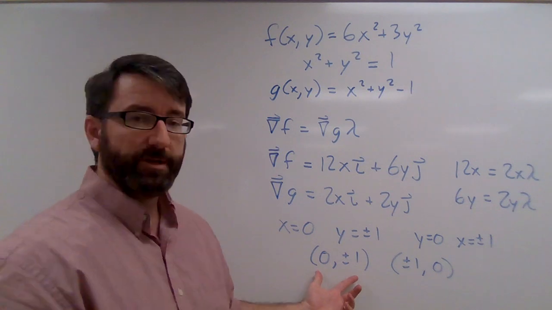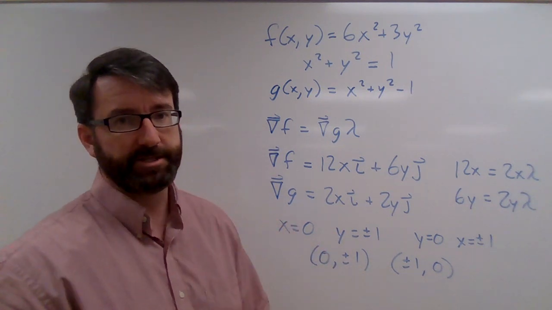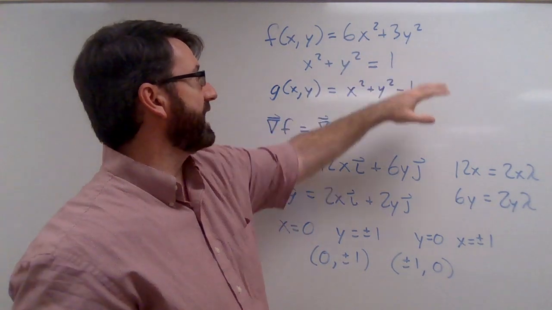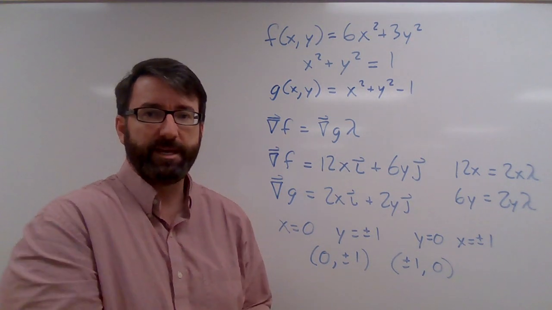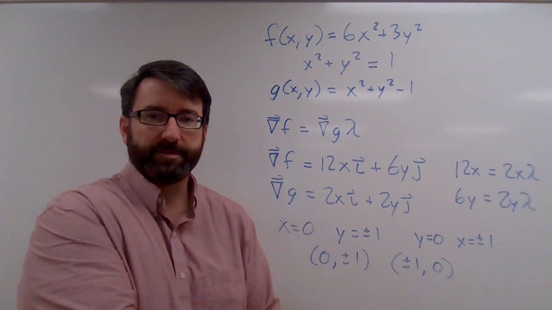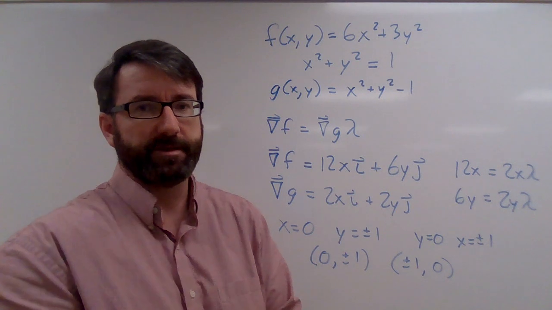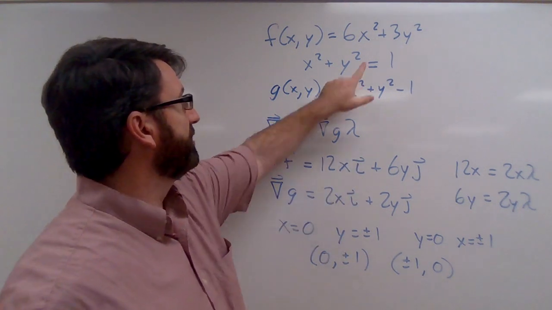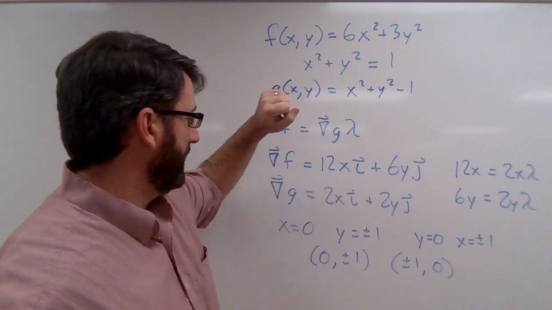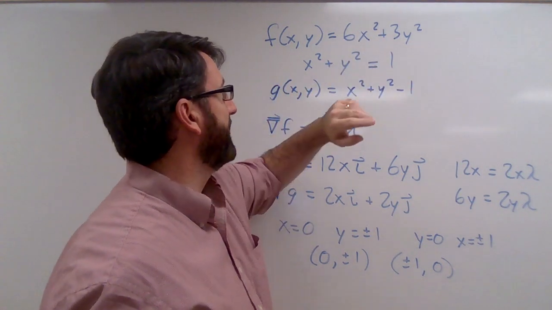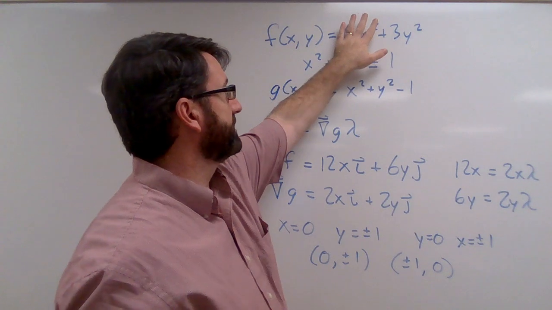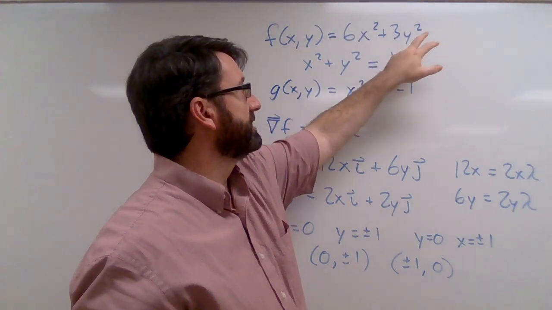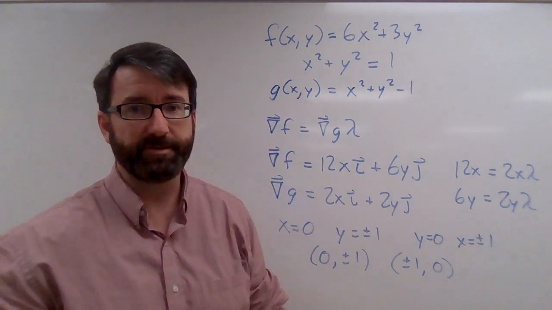All right, so now we've got 4 points to check, and we can check each of those 4 points to see which one gives us a maximum, which one gives us a minimum. So let's try 0, 1 first. If we plugged in 0 and 1 into f of x, y, we get 0 here, so that'll go away, and then 1 squared is 1 times 3 is 3.